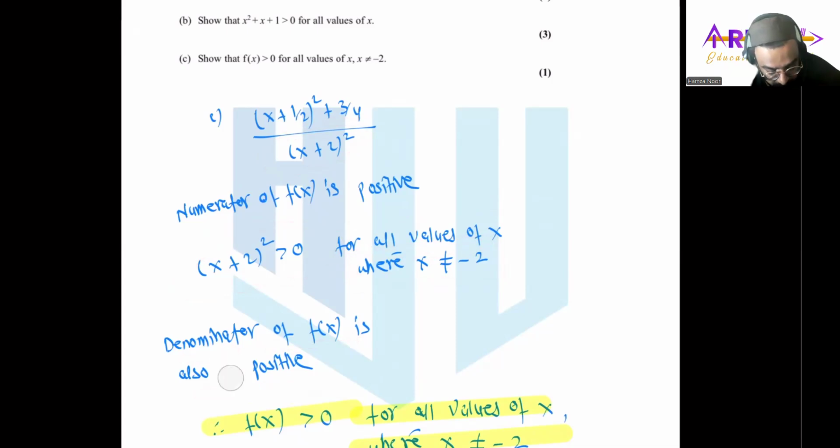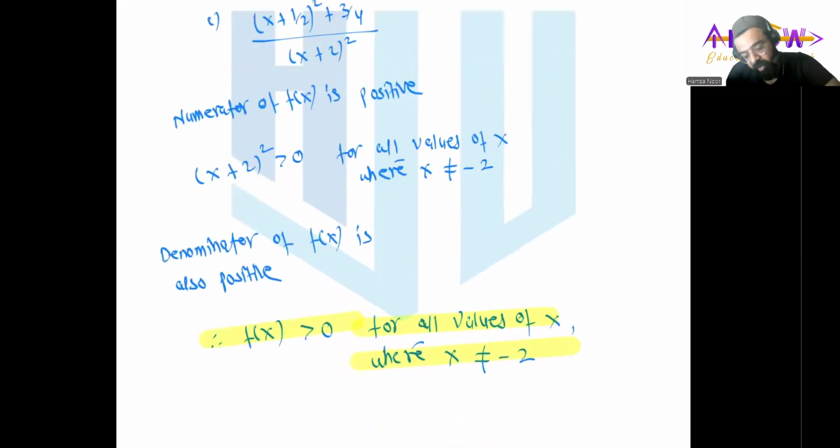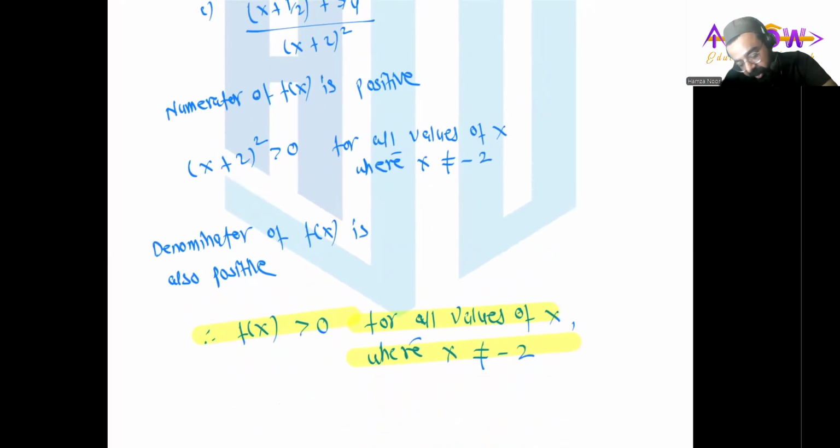Therefore, I can say that fx is greater than 0 for all values of x where x is not equal to -2.